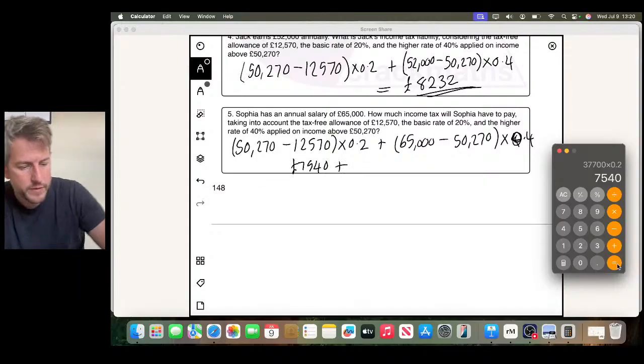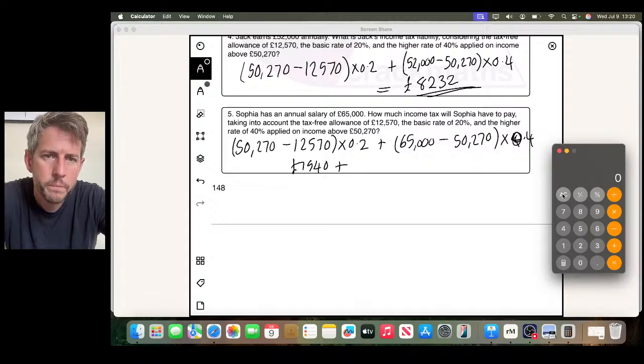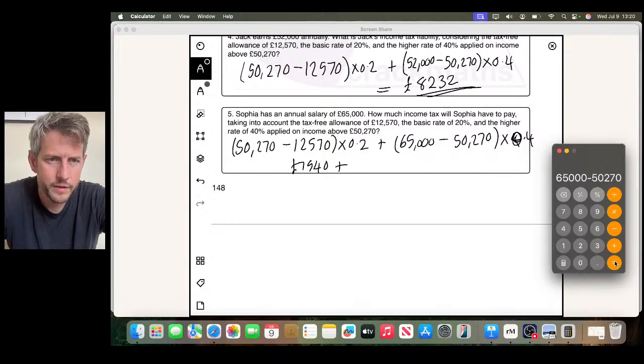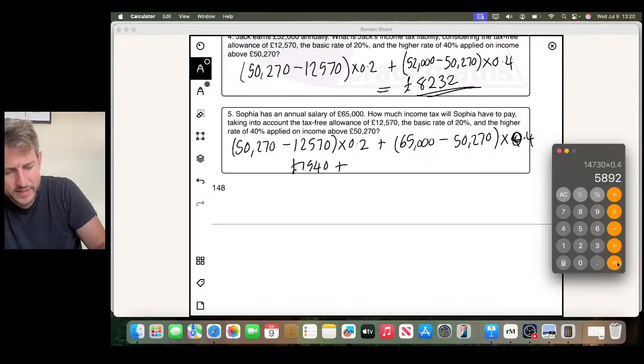And then let's work out this bit here. So we've got 65,000 in this case, take away the 50,270. And then that equals this. And then if we times that by 0.4, this is the tax from what she pays at the higher rate for the money over 50,000.